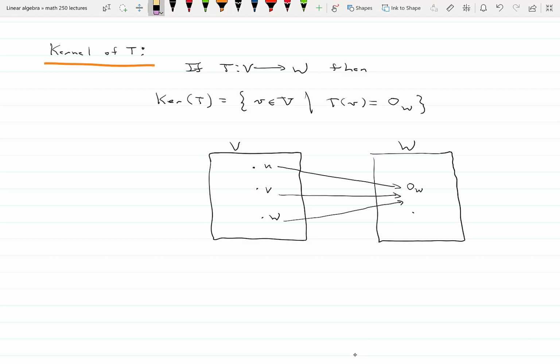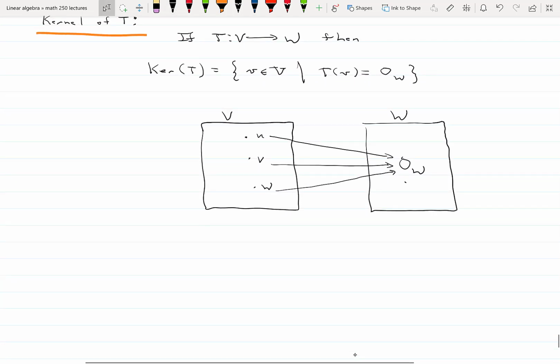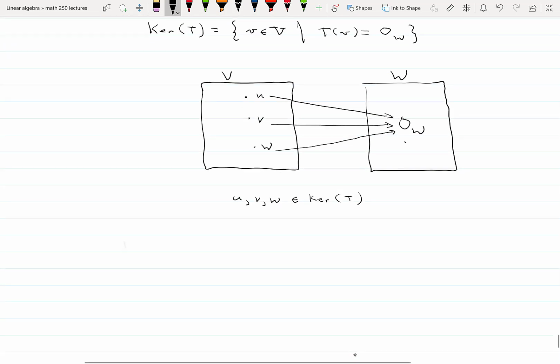Suppose all three of these vectors get transformed into the zero vector in W, then those three elements are going to be in the kernel. So u, v, and w are in the kernel of T. So the kernel of T is everything in the domain space that gets sent to zero.